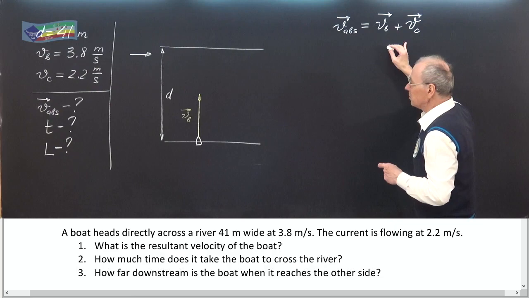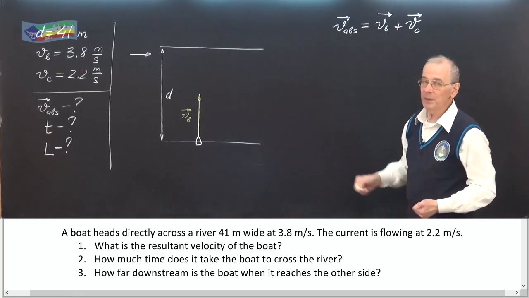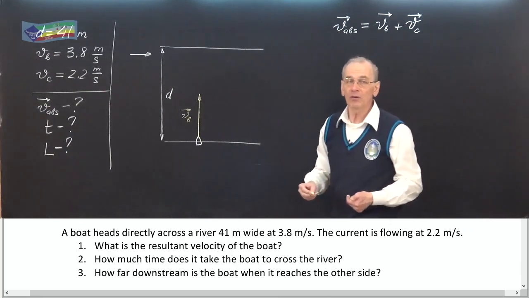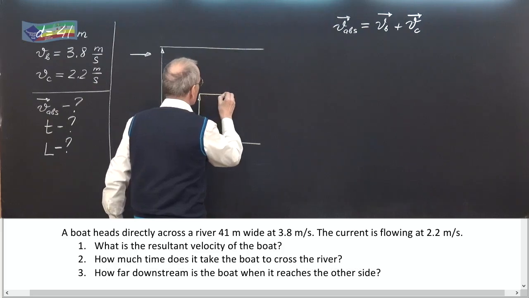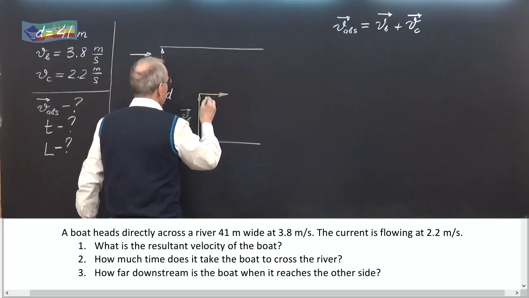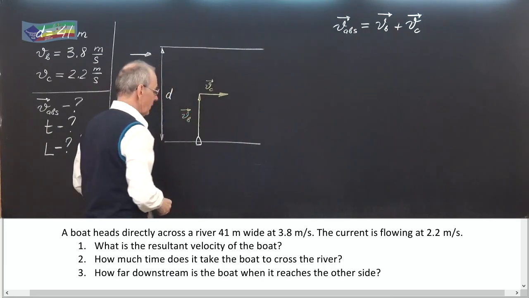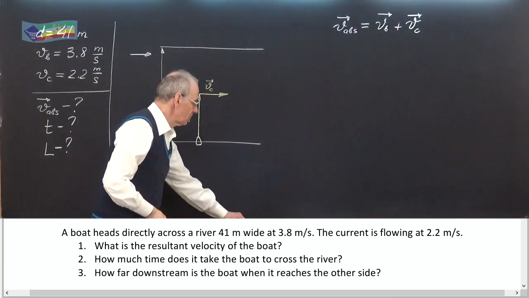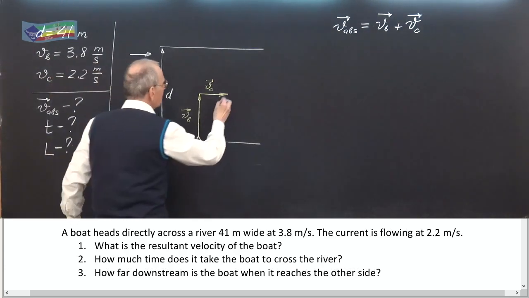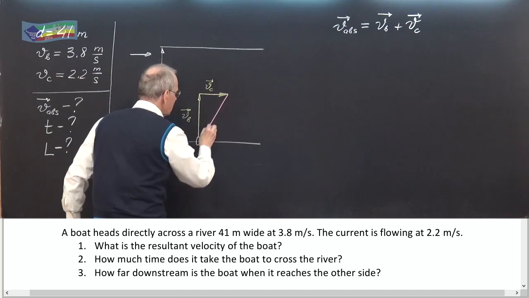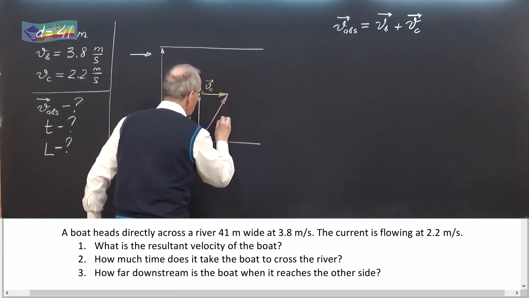These two vectors we have to add, for example, using the triangle rule for addition of vectors. So V current is here. The resultant velocity, absolute velocity, is this vector V abs.